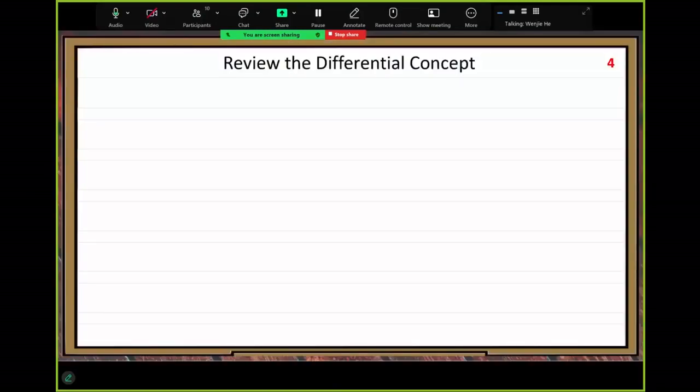But before that, I need to review the differential concept. To make you feel more comfortable, let me give you the background of the differential concept, because we need to use this concept a lot from now on. So you have to understand this concept, differential. First, a brief story about the history.